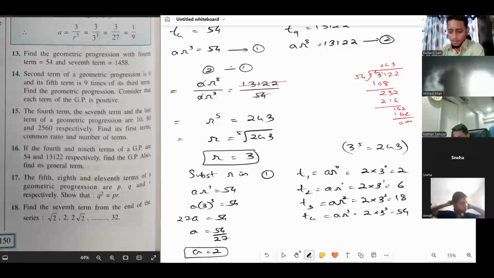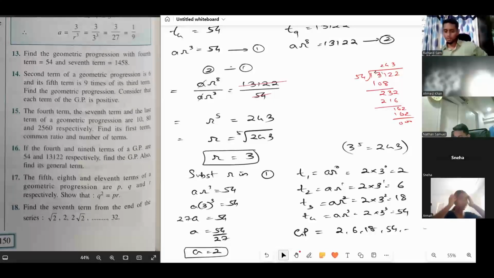Okay, so then write like this: GP 2, 6, 18, 54, dot dot dot. That is your GP.